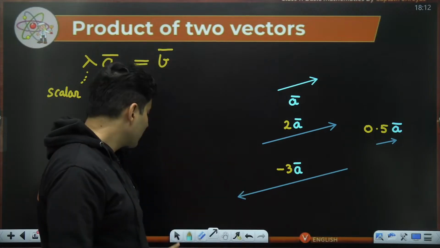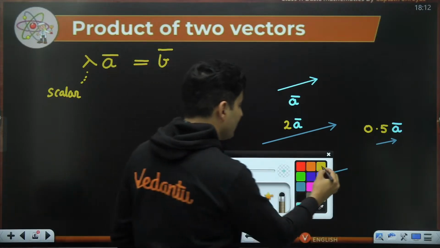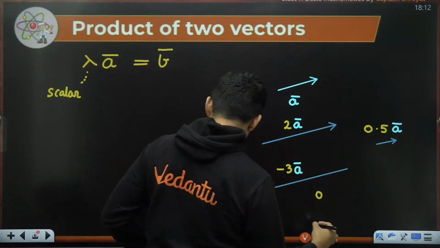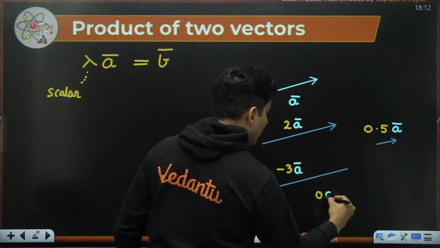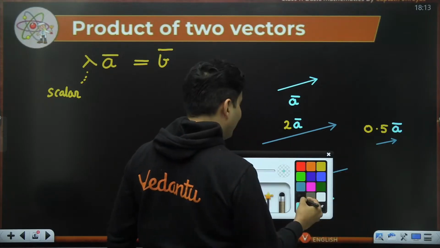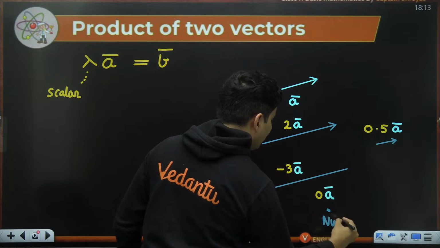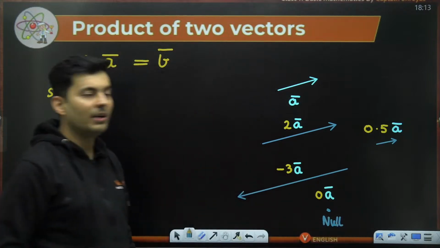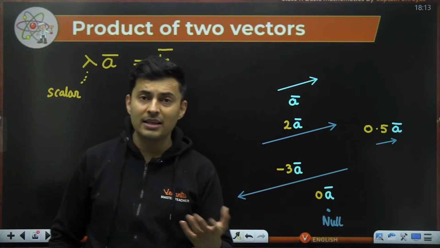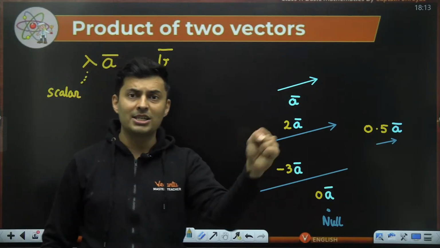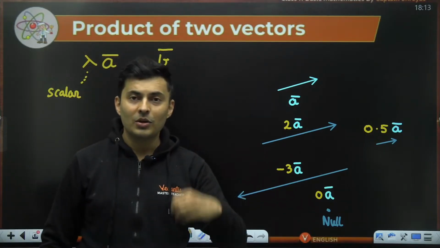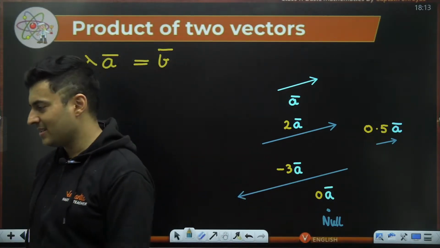But sir, what if I multiply it with the number 0, sir? What if I take 0 times of a bar, sir? Can you guys quickly guess and tell me what will be the final answer? 0 times a bar will be nothing but a null vector. You are multiplying it with 0. That means you are vanishing it. You are completely removing it from existence.